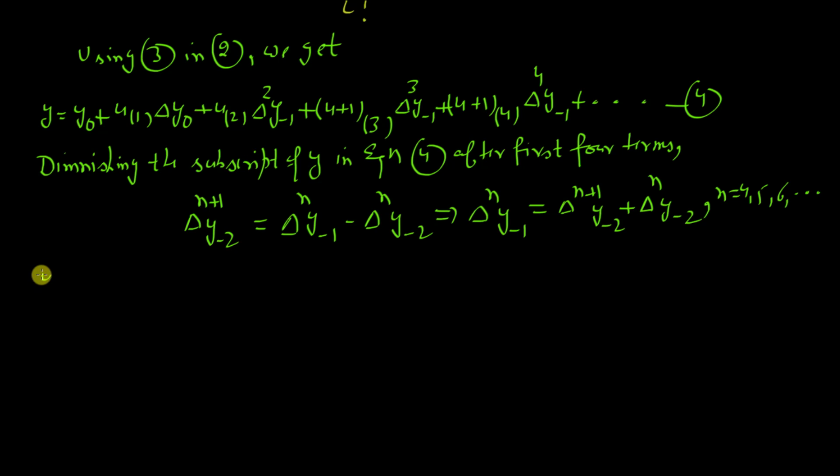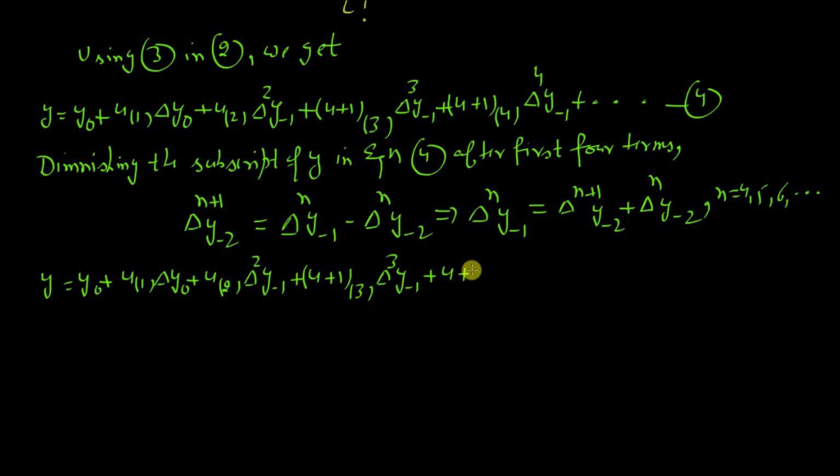Fine. So we will get y is equal to y naught plus u1 delta y naught plus u2 delta square y minus 1 plus u plus 1 3 delta 3 y minus 1 plus u plus 1 4, and it will be put over here n is equal to 1. It will be delta 5 y minus 2 plus delta 4 y minus 2, and this will go on something like that.